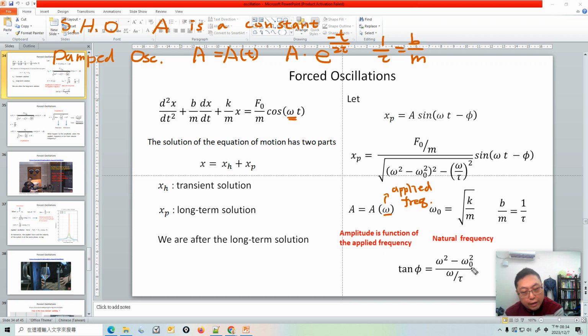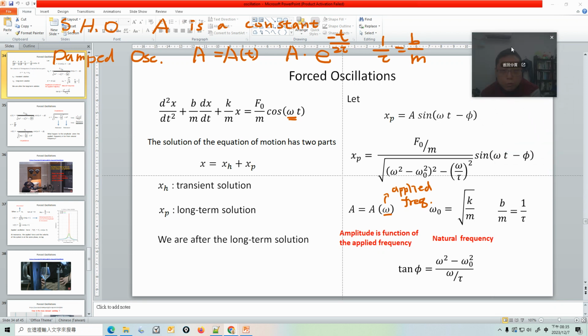That's intuitive. Your system has a natural frequency omega 0, and my applied frequency is omega. If these are not the same, you cannot expect the system to respond immediately, because the two are not in the same pace.